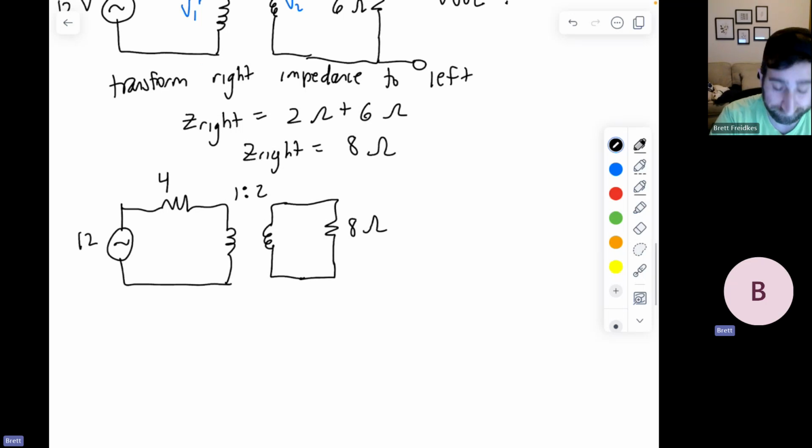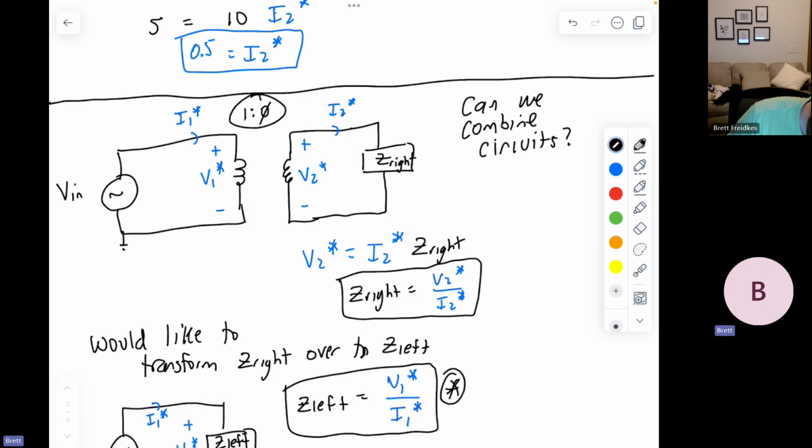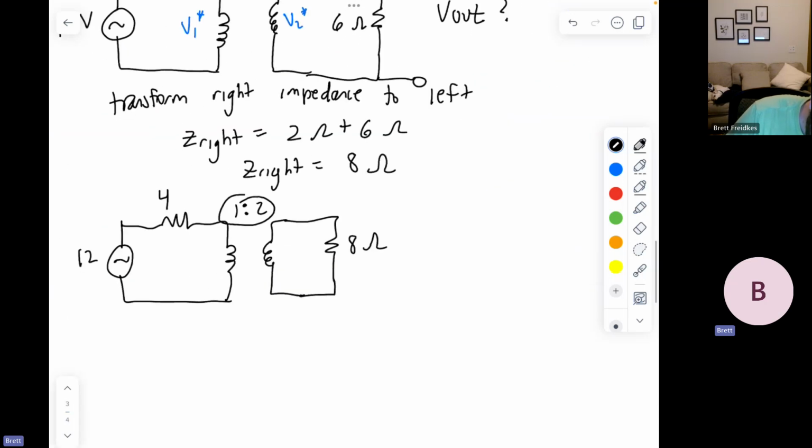So I want to transform this impedance over to the other side. And we just discussed how to do that before. We derived this for the ratio 1 to phi, and in this problem, we wrote it as 1 to 2.